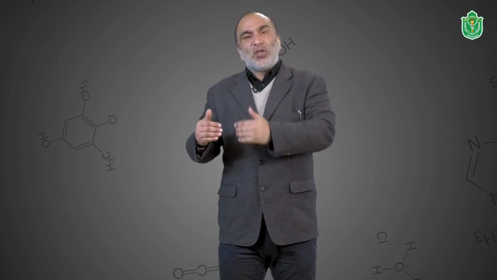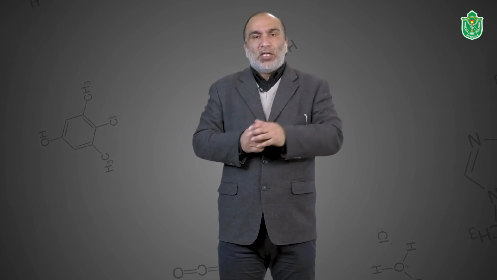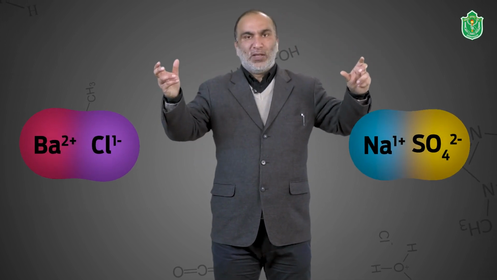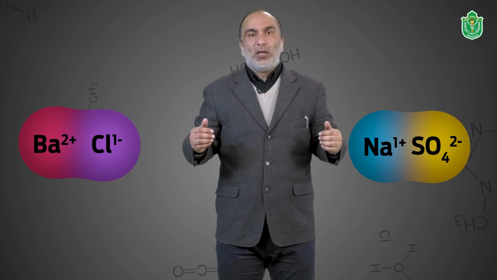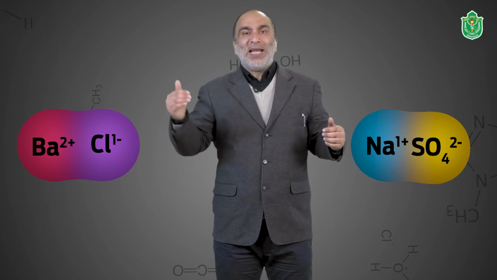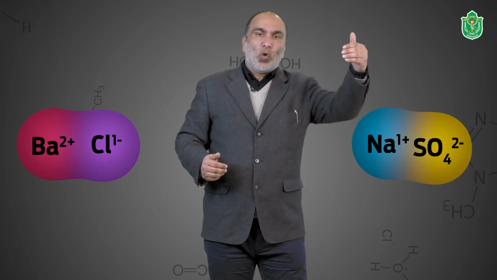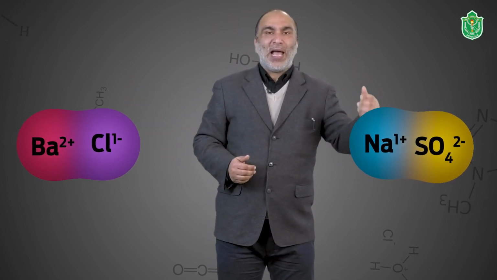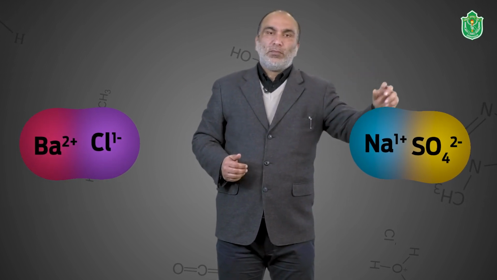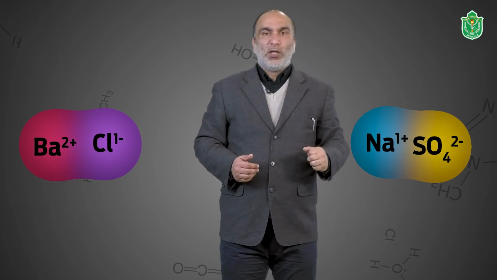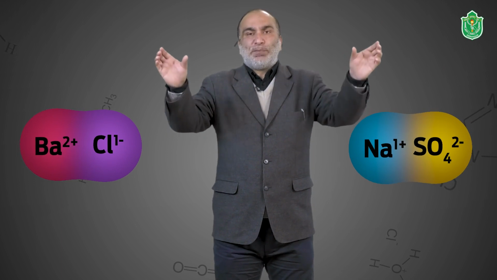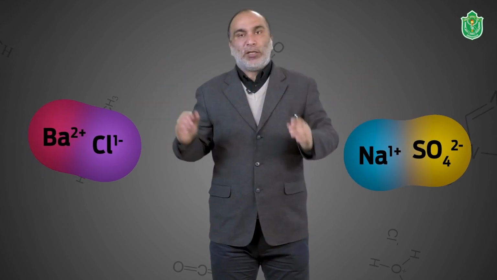Because in this reaction we see sodium sulfate and barium chloride. If we see the ions in the barium chloride, that is Ba2+ and Cl-. In sodium sulfate, the ions were present as Na+ and SO4 2-. Now we see these ions were present in their respective solutions initially.